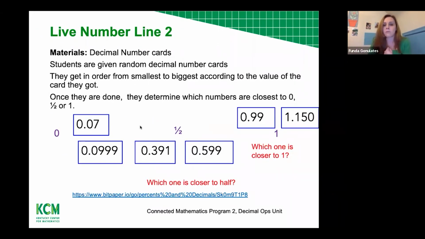Okay, so I had the interactive, but I'm going to miss that. Which one is closer to the half? When they are claiming their allies, for example, is 0.391 closer or 0.599? Then they can debate it, and they can explain their reasoning when they are deciding which one is closer to this number.